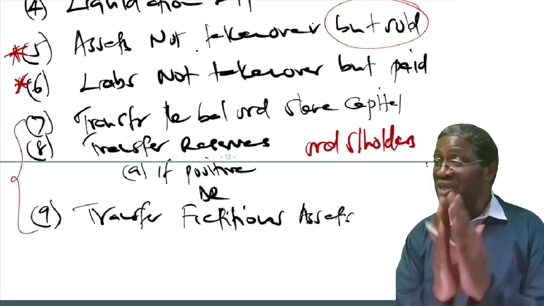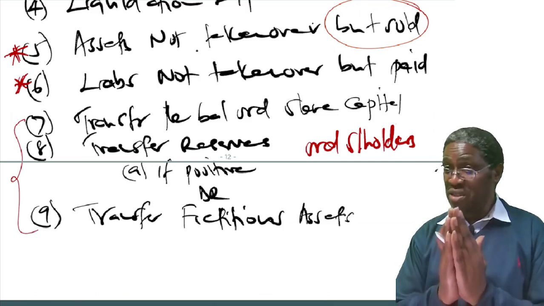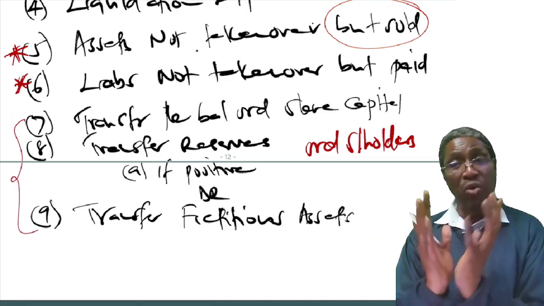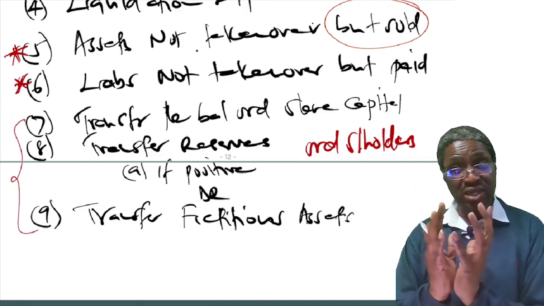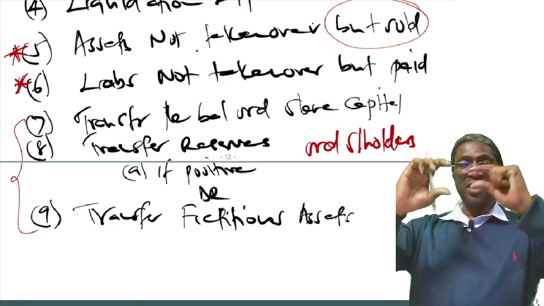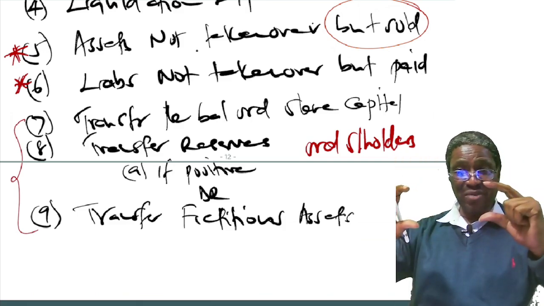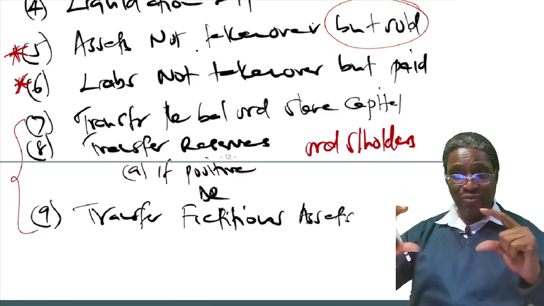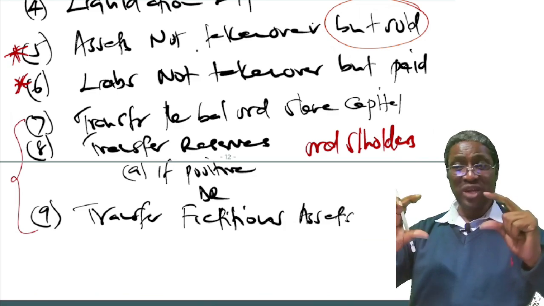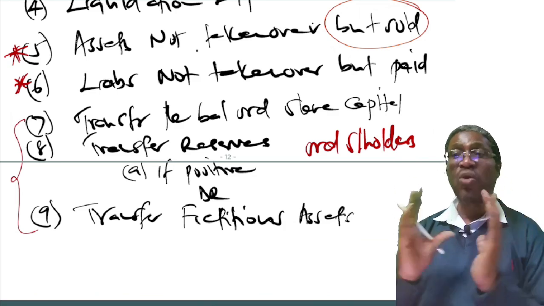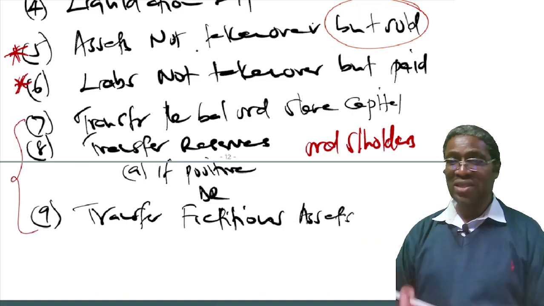So number 7, 8, and 9 is just to create a consolidated liability account for the ordinary shareholders, so that I'll pay them only once.